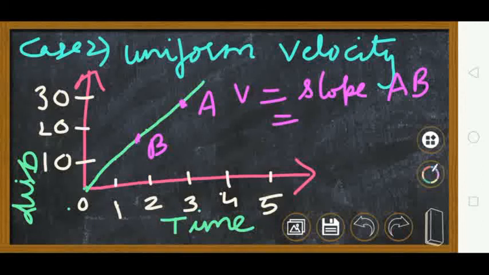Suppose I take the coordinates of B: it is 2, 20. And A is 3, 30.